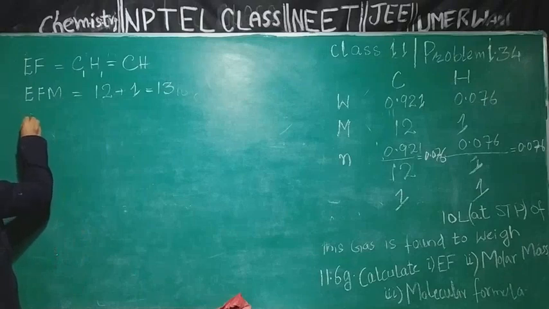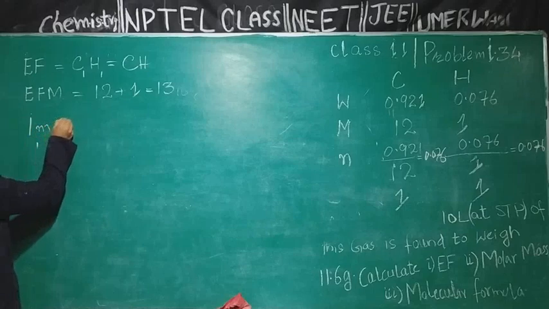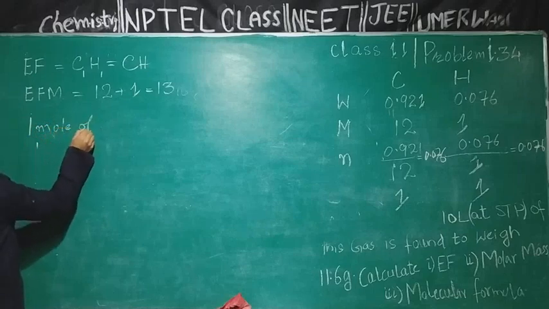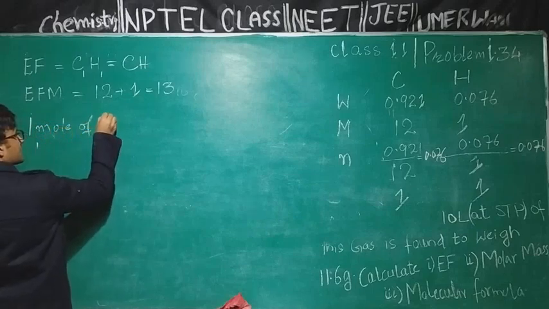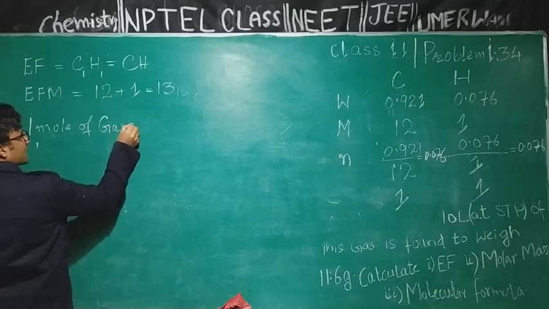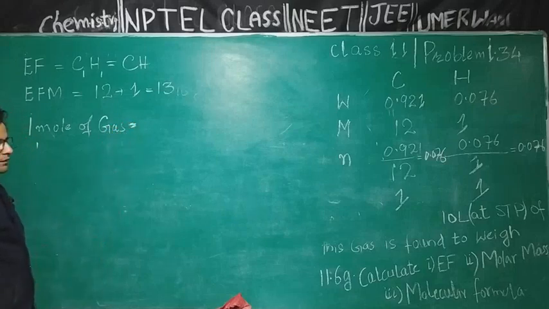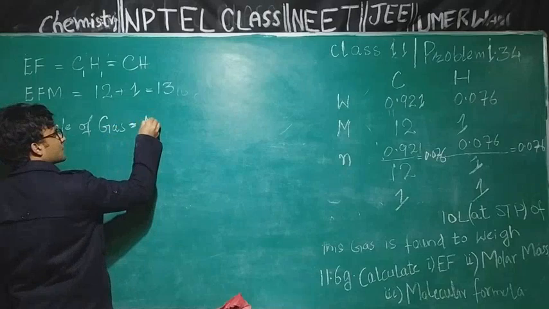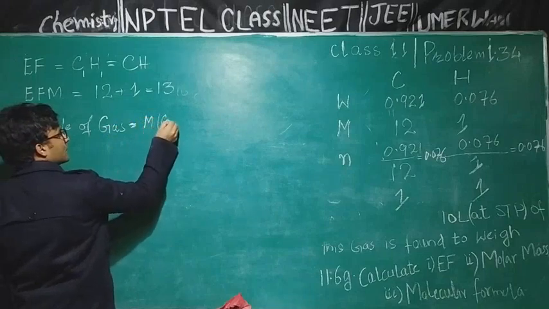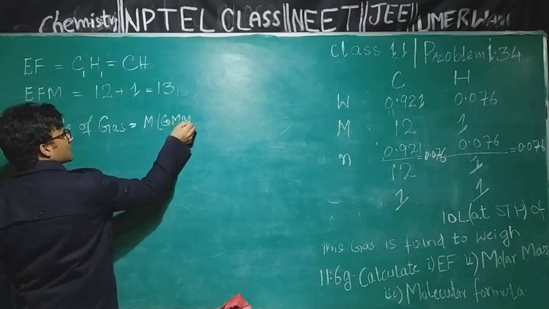Now I will apply the Avogadro principle. The Avogadro principle says 1 mole of this hydrocarbon gas has a mass equal to its molar mass, which is its gram molecular mass.